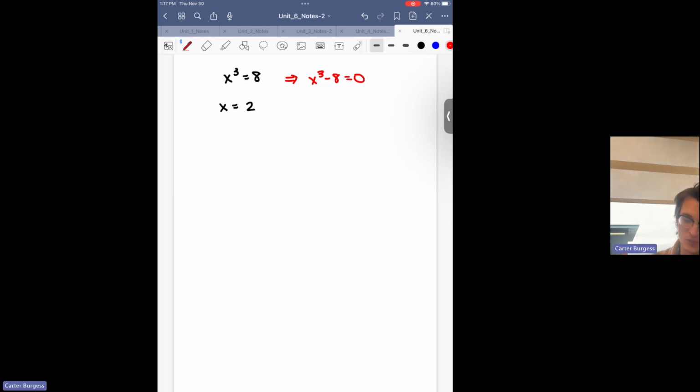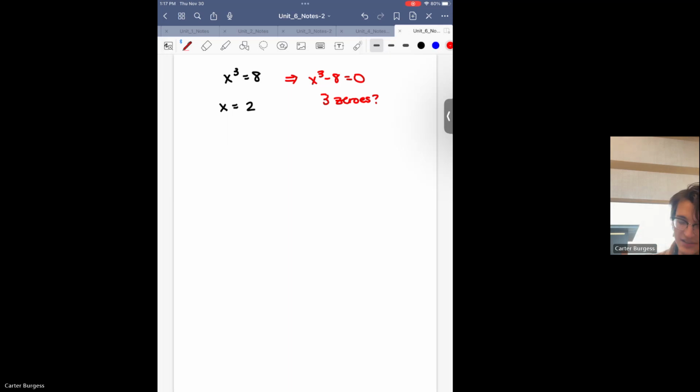All right, so we suspect 3 zeros, but we only found 1 from taking the cube root of both sides. The question is, where are the other 2 zeros? Possibly this is a case where we have multiplicity, right? Maybe this is a situation where all 3 of those zeros are happening at 2.